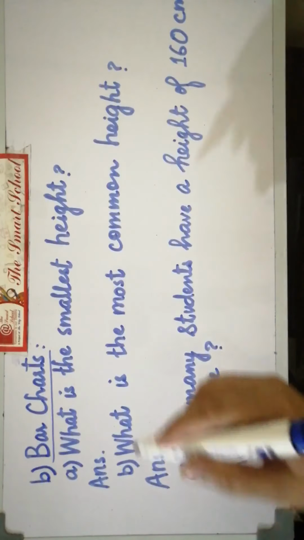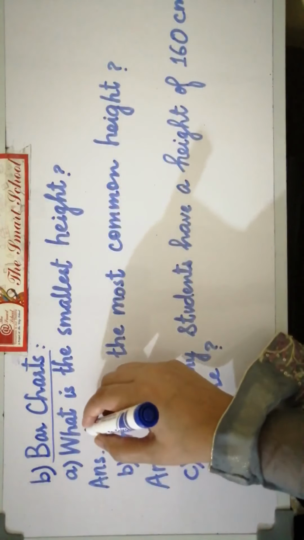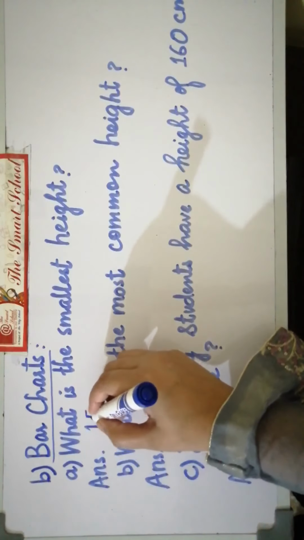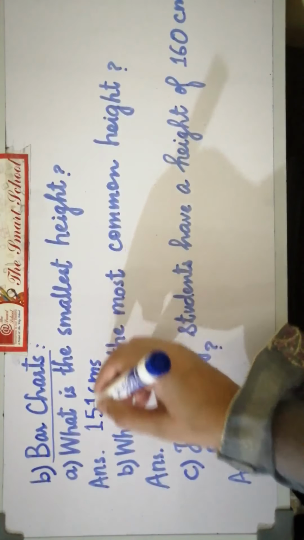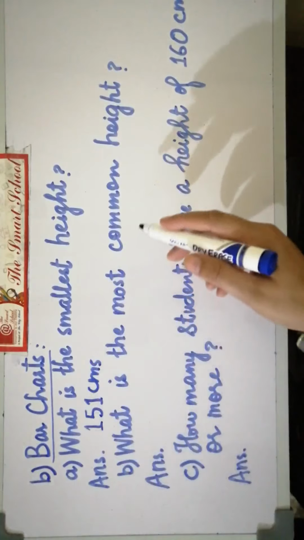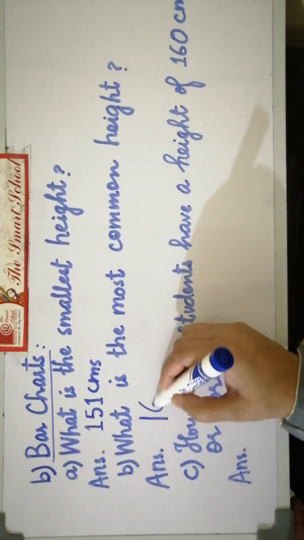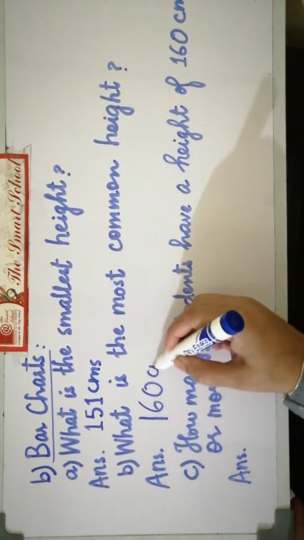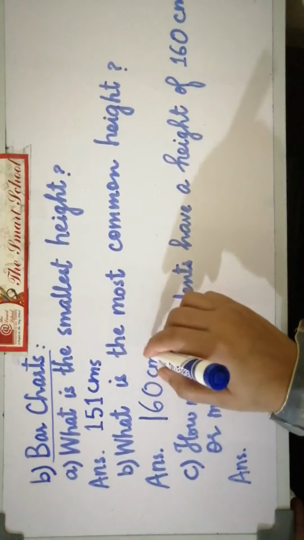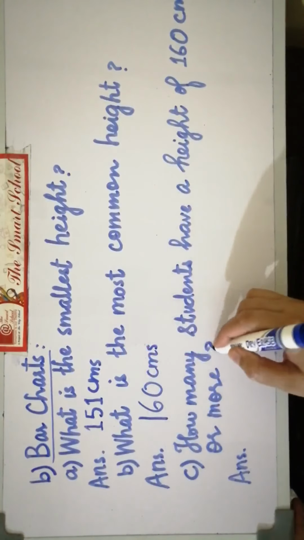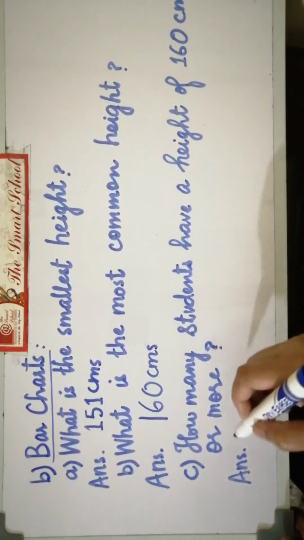Now the answers. What is the smallest height? The smallest height is 151 centimeters. What is the most common height? It was 160 centimeters. How many students have a height of 160 centimeters or more?